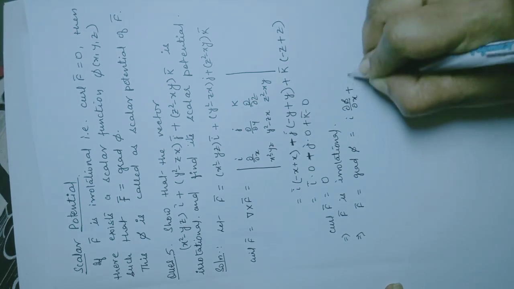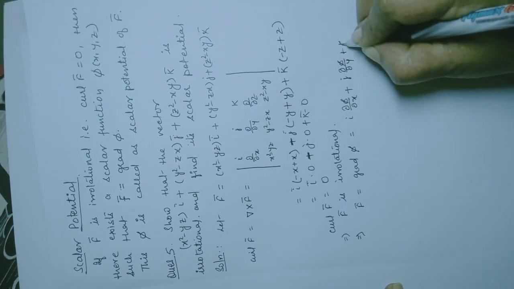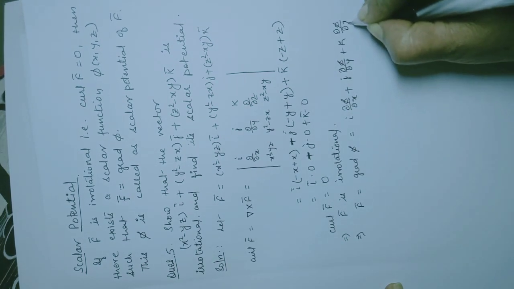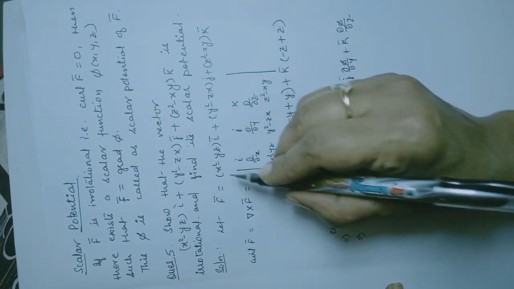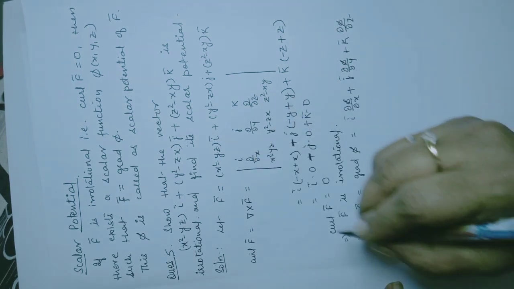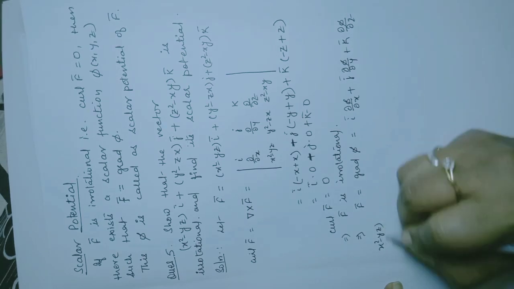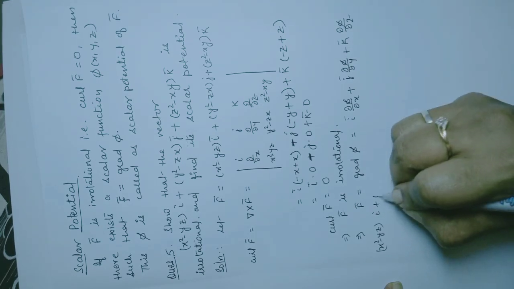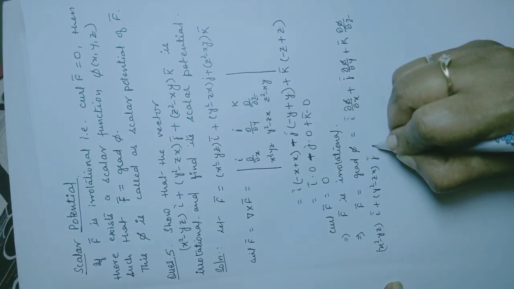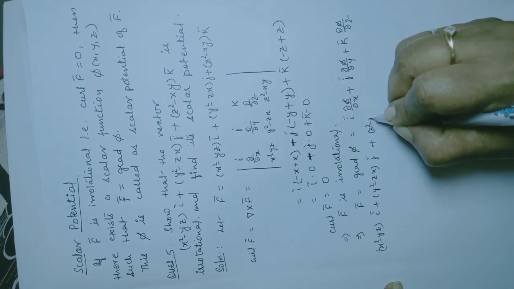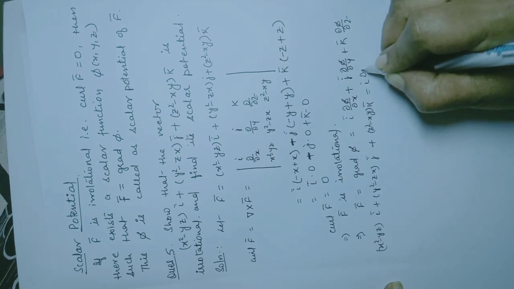Grad phi is nothing but i del phi by del x plus j del phi by del y plus k del phi by del z. And what is your vector f? Vector f is nothing but x square minus yz i plus y square minus zx j plus z square minus xy k.